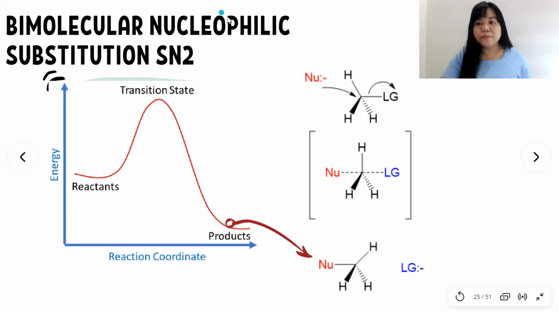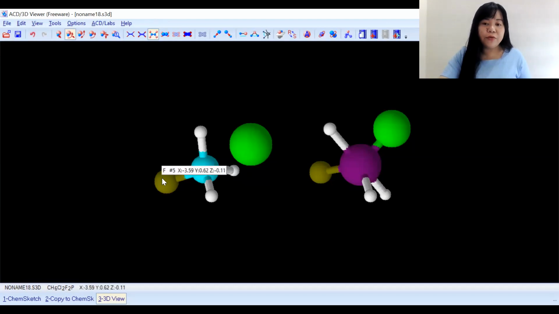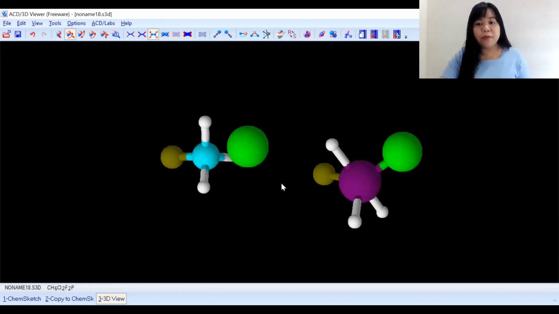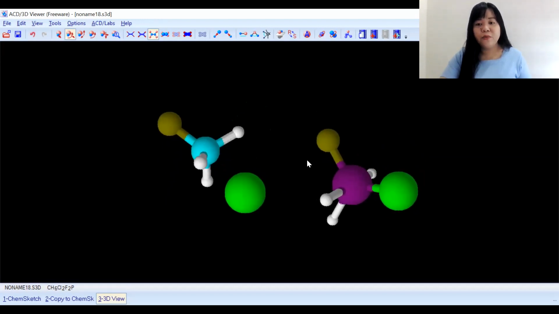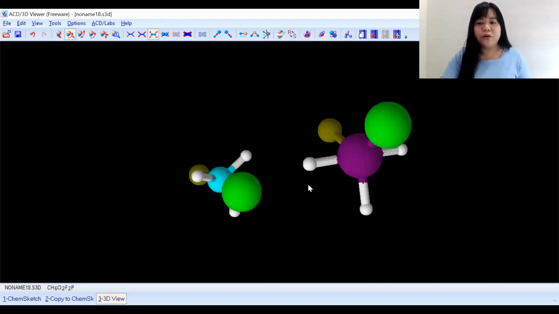So let's take a look again at the shapes or the 3D view of all of these species. Here we can see the tetrahedral structure of the substrate. This is the leaving group and this is the nucleophile. So when they react, they're going to form the pentavalent transition state, which I tried to represent in this manner.